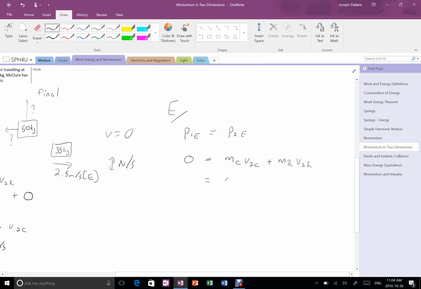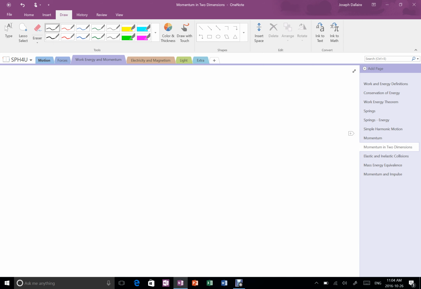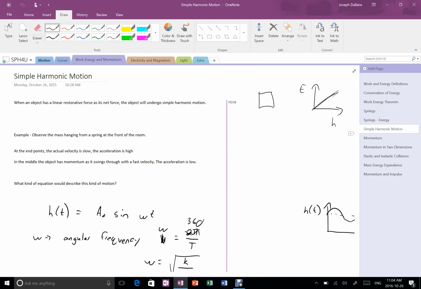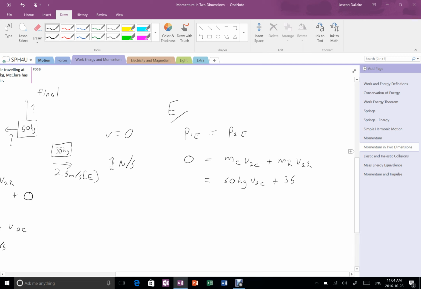So we got 50 kilograms V2C plus 35 kilograms times a speed of 2.5 meters per second.